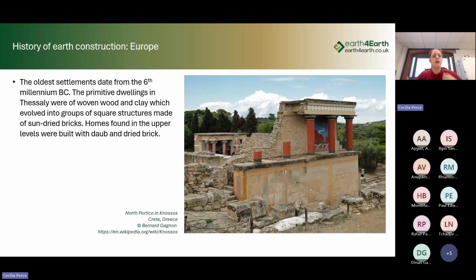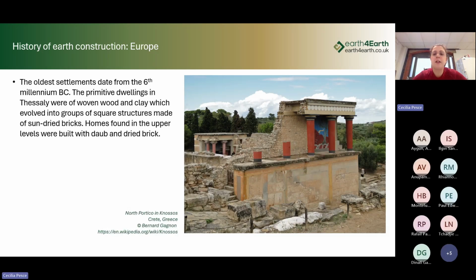And then we move to Europe. The oldest settlements found date back to the 6th millennium BC. There were primitive dwellings in Greece, made of a combination of wood and earth.